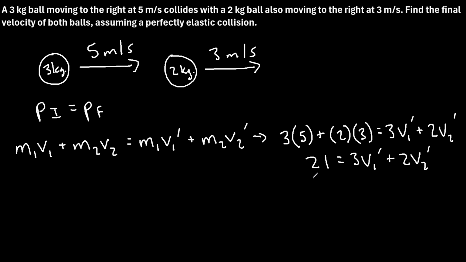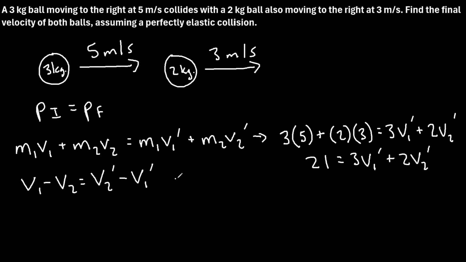Now, we'll notice that in this equation we have two unknowns, the two final velocities. So to solve for them, there's one other equation that we need to know. In a perfectly elastic collision, the initial velocity of the first ball minus the initial velocity of the second ball must be equal to the final velocity of the second ball minus the final velocity of the first ball.